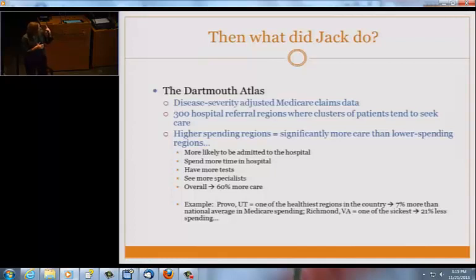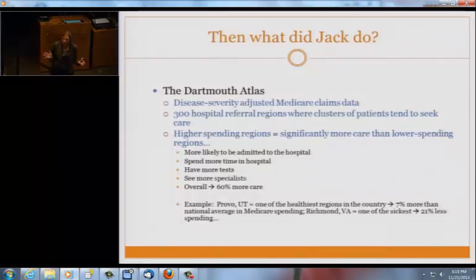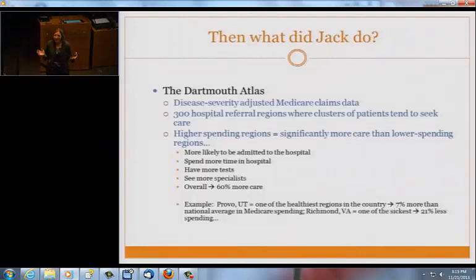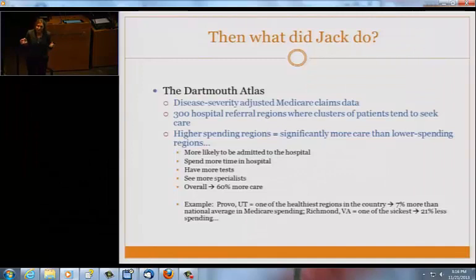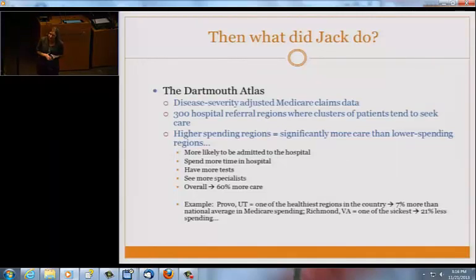Example, Provo, Utah, when you look at the demographics of their Medicare recipients, they're some of the healthiest people in the country. Okay, some of the healthiest Medicare recipients in the country. They were spending about 7% more than the national average was spending. Okay, Richmond, Virginia is one of the sickest by demographics. They were spending 21% less. So what's the question?